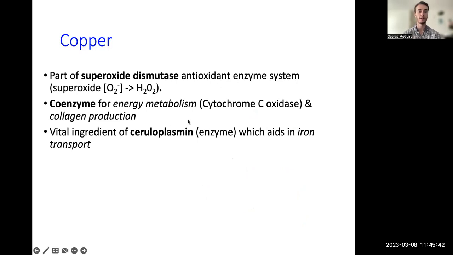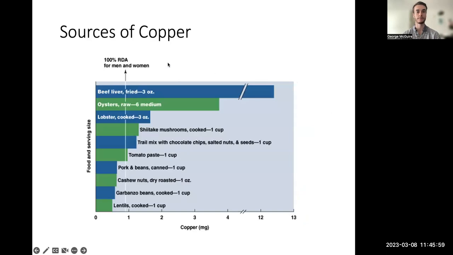It also acts as a cofactor for energy metabolism, as a part of those cytochromes in the electron transport chain, and plays a role in collagen production and aids in iron transport as well. So some good sources. See beef liver show up here again.